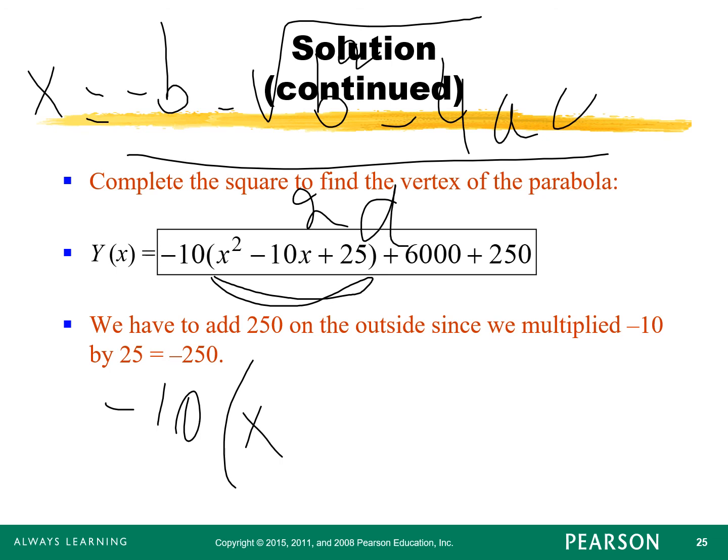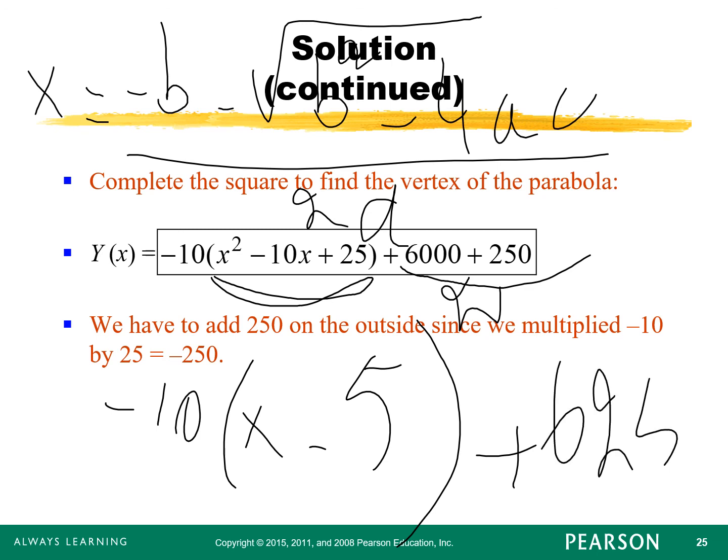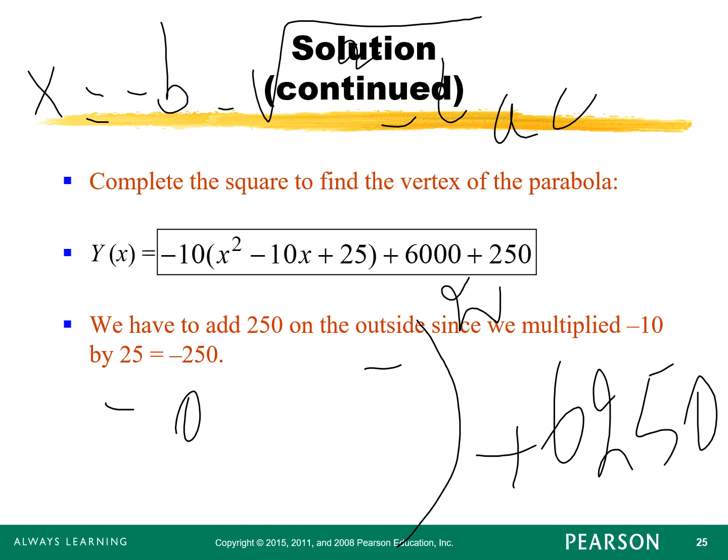This is how we can find our root. So now the root that we found, we'll write it here. Square plus, and if we sum up these parts, we will find a number which is 6,250. So now this is our vertex form that we found at the end.